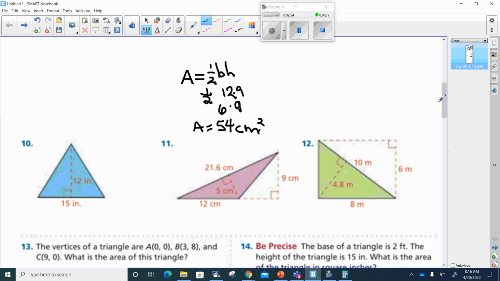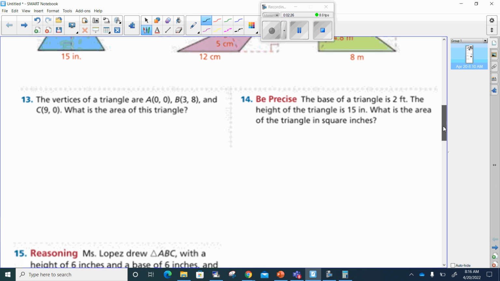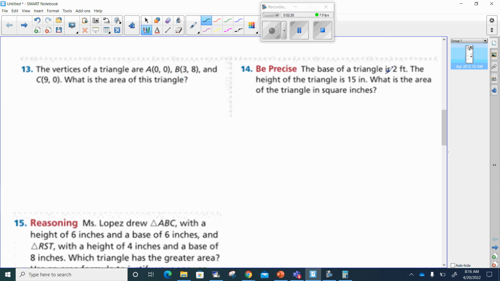All right, let's go ahead and move down. I got number 13. The vertices of a triangle are 0, 0. So if I'm putting this on a grid, it's going to be 0, 0, 3, 8, and 9, 0. What is the area? Oh boy.